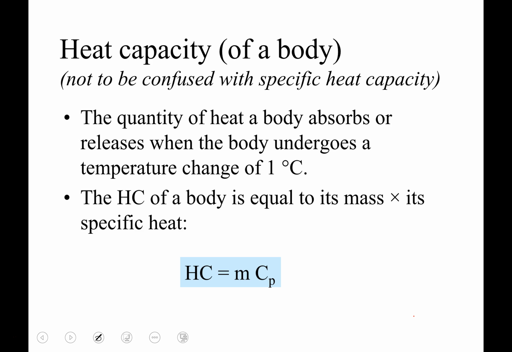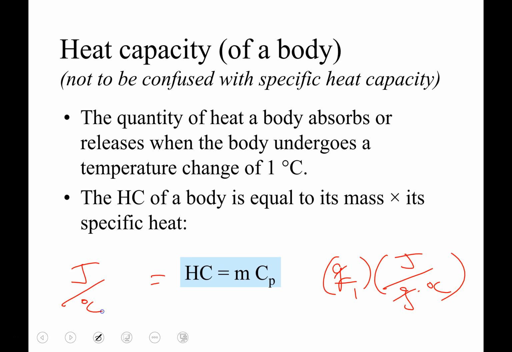Let's do a little factor label here. If mass is in grams, specific heat could be in joules per gram degrees Celsius. What units would heat capacity be in? Yep, joules per degree Celsius. Perfect. Again, that's assuming that you're not going to be changing its mass.